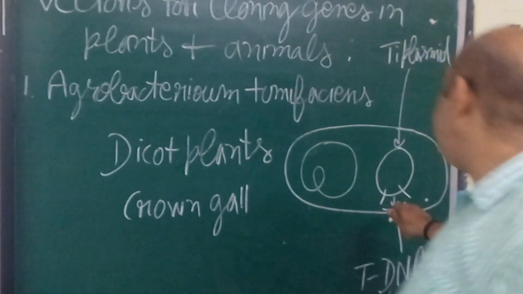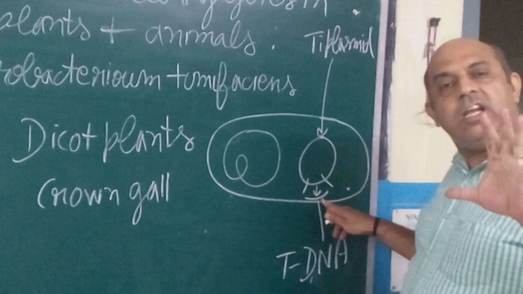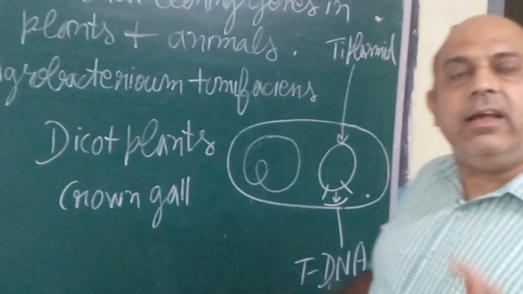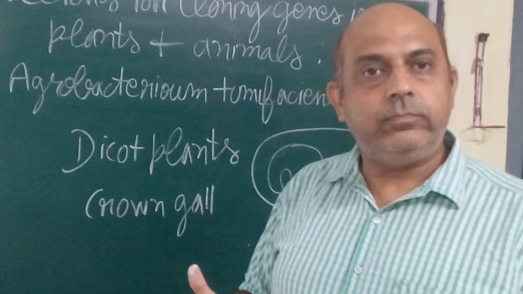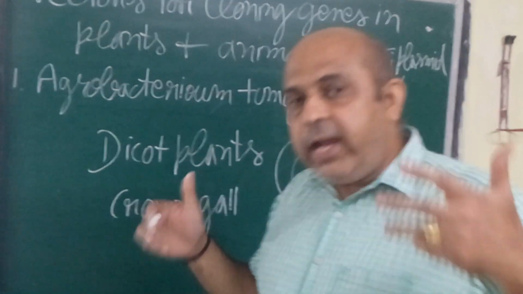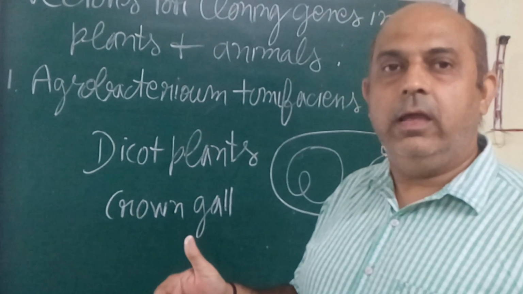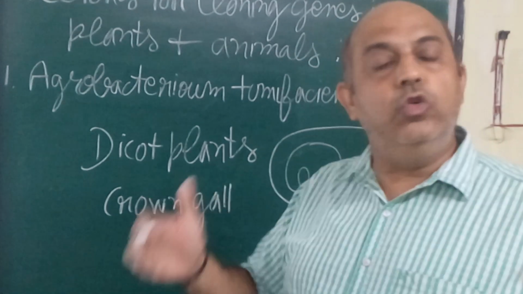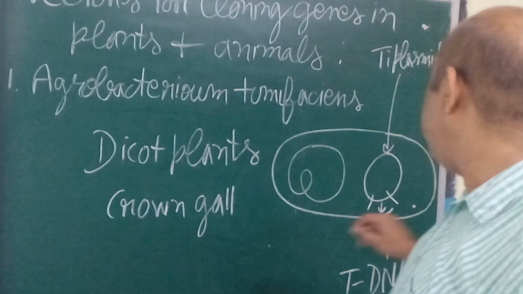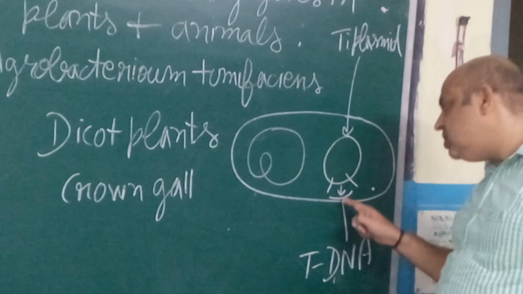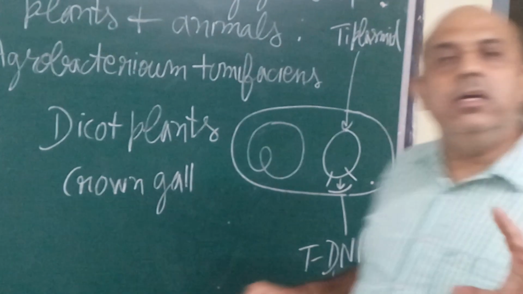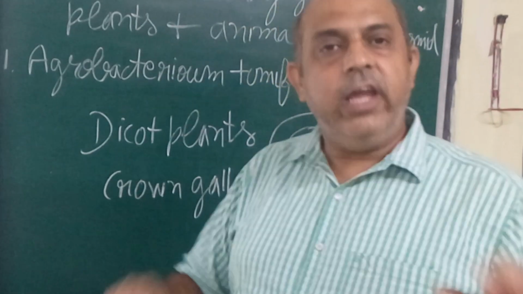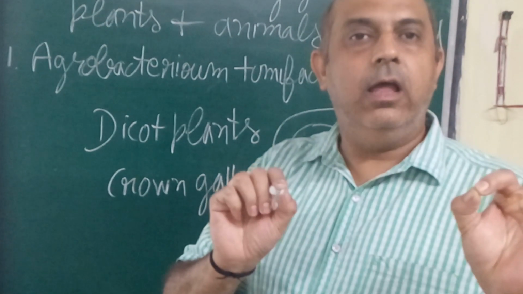This piece of DNA has cancer-causing genes that cause cancer to the dicot plant. So what scientists do is disarm this tDNA and insert genes of interest in tDNA.